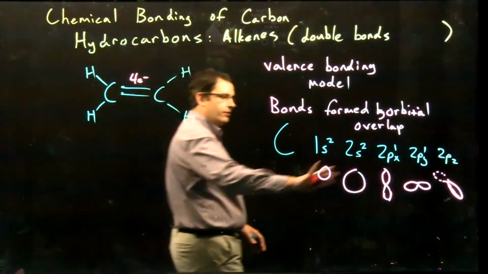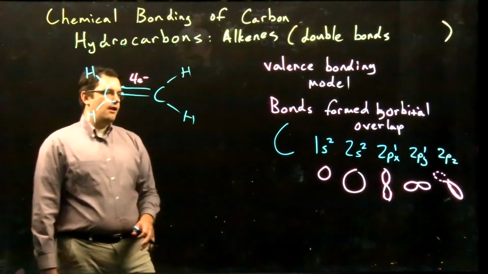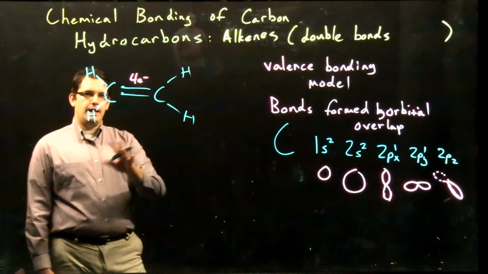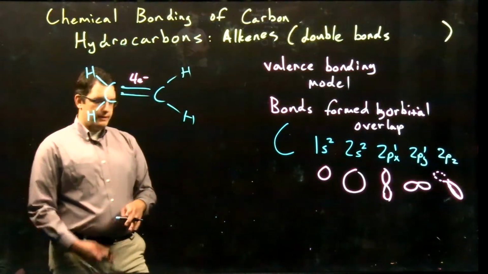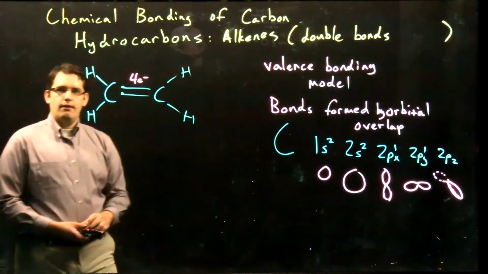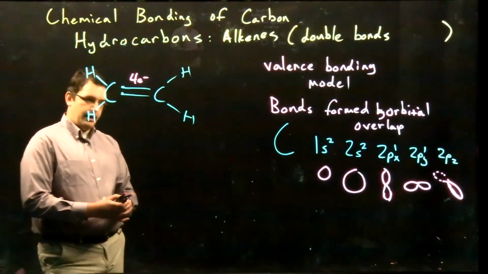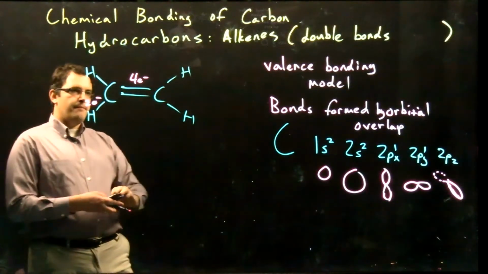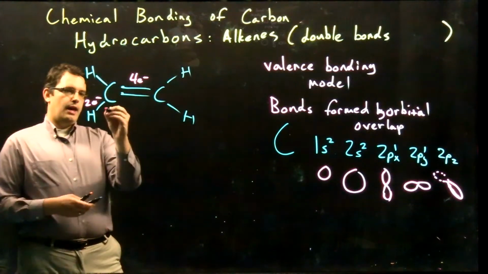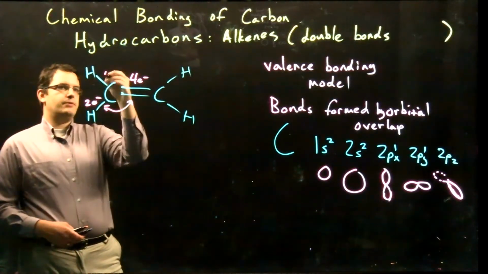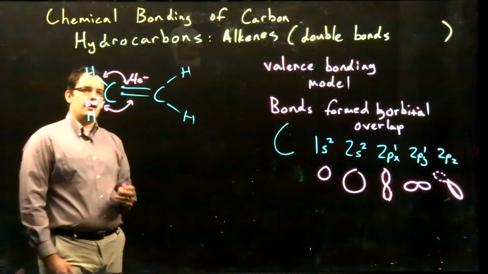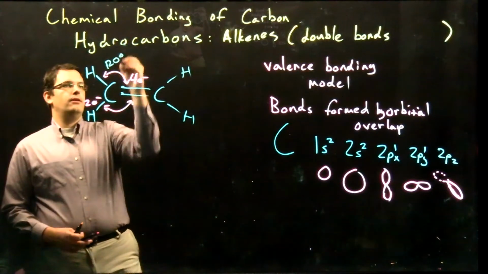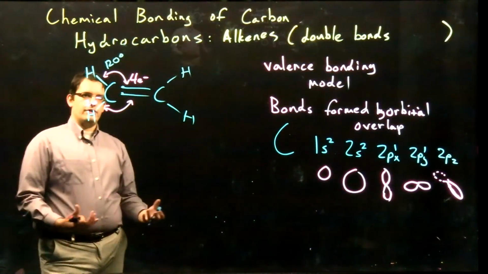Now again, if we go back to our actual orbitals, we're going to need to make hybrid orbitals in order to form our bonds between our carbons and our hydrogens, right? So if we go back to our valence shell electron pair repulsion theory, again, we know that our electrons here are repelling each other, and in order to get the maximum separation between each of our groups of bonded electrons, we get a 120 degree angle or a trigonal planar shape.